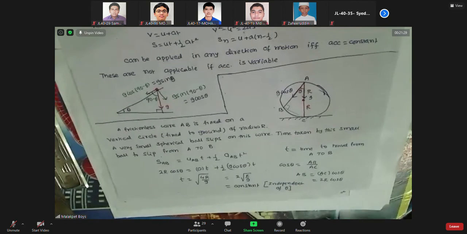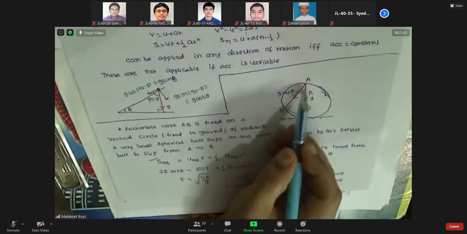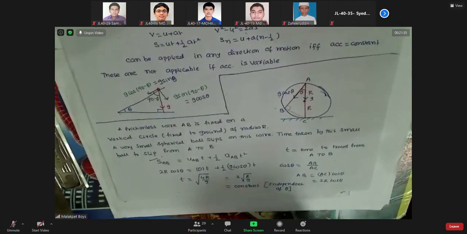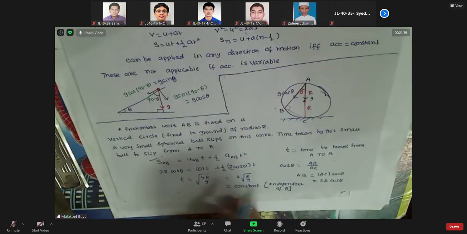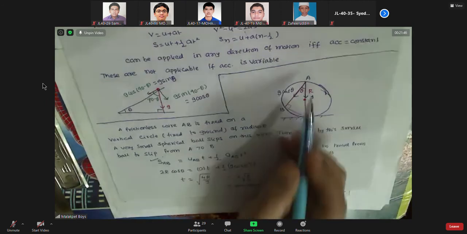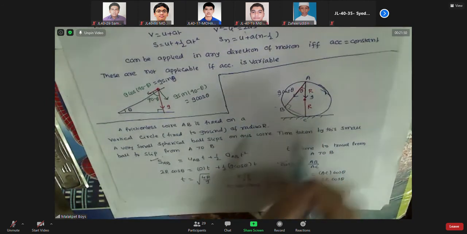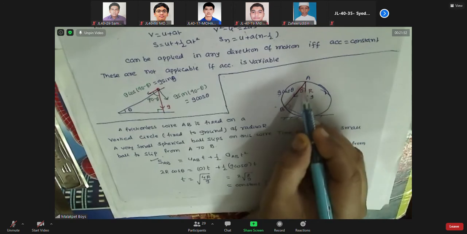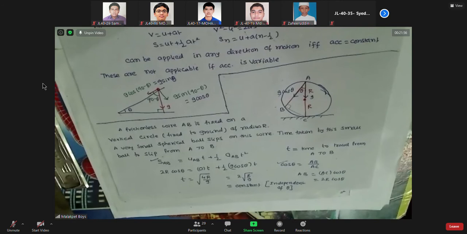I am not understanding this. No man, I used S equals UT plus half A T square along one line. What else have I done? Along AB, the displacement is this. AB is the displacement, I calculate AB simply using this. Initial velocity is 0, therefore along AB also it is 0. This is g. What is the component of that? g cos theta. Substitute this, get T. Okay, sir. Thank you. Good.